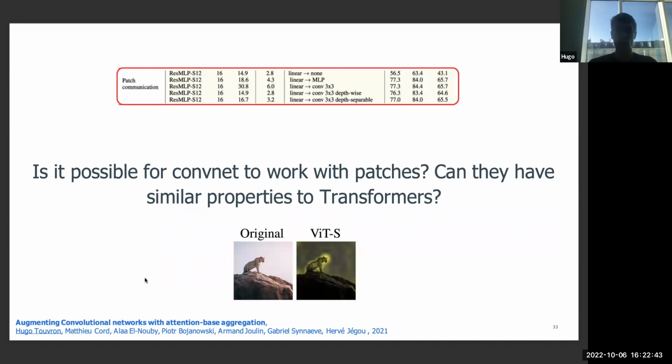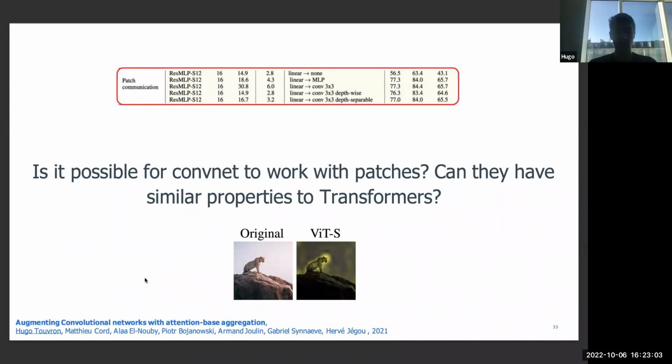So we have tried to replace the linear layer in the ResMLP architecture by convolution. Now we want to try to design some kind of convnet by patches, but a very simple convnet, with no pooling layer, with just one kind of convolution.